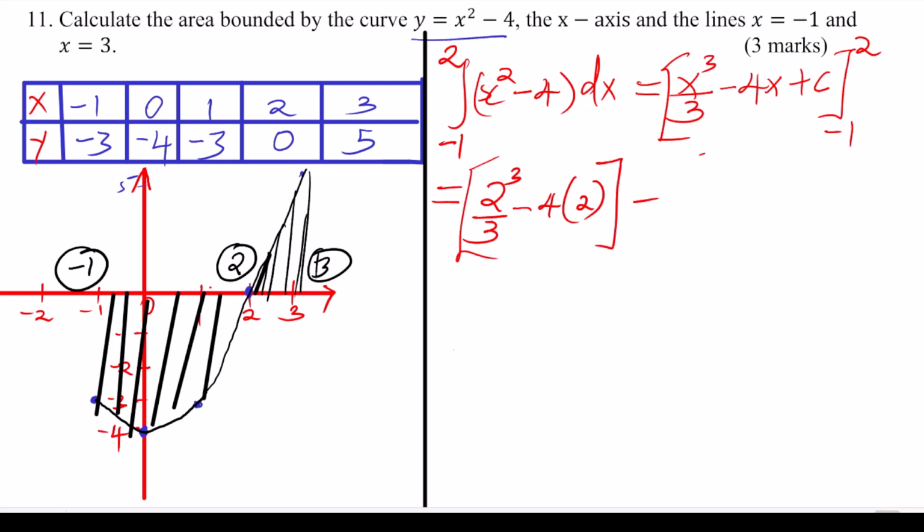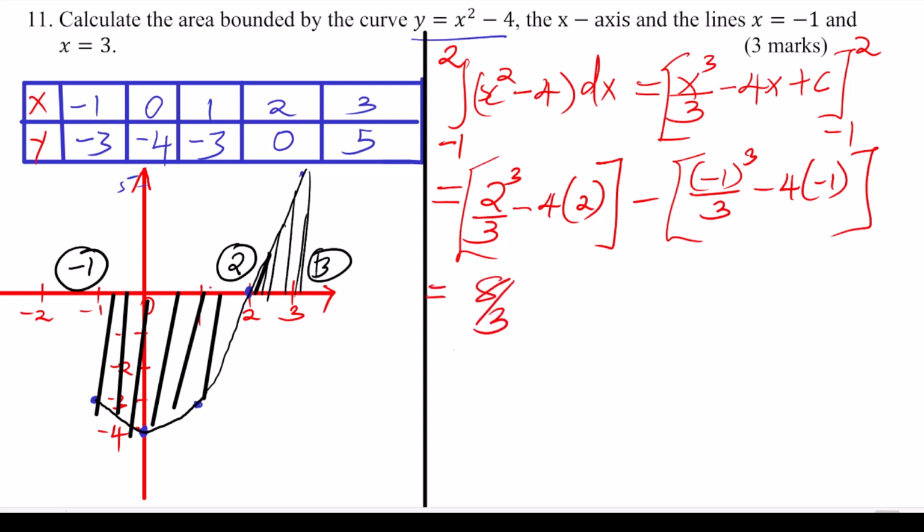Then subtract, substitute -1: (-1) cubed divided by 3, subtract 4 times -1. So this will give 8 divided by 3, subtract 8, subtract, this will be -1/3 plus 4.